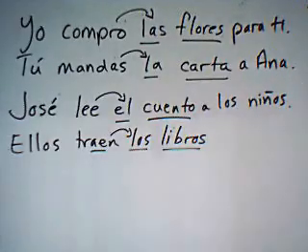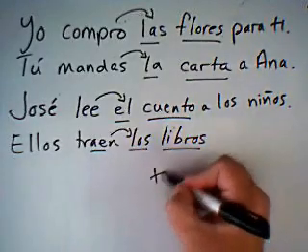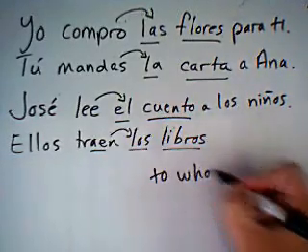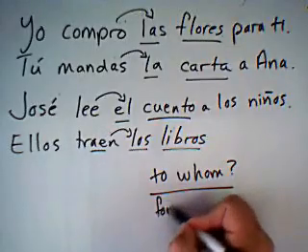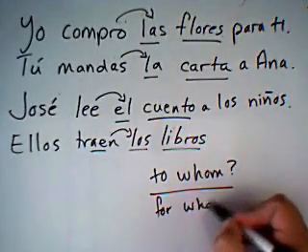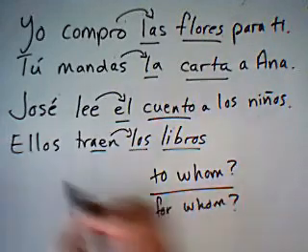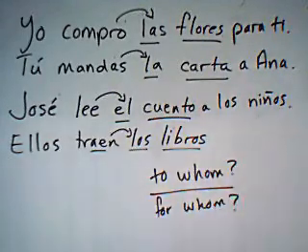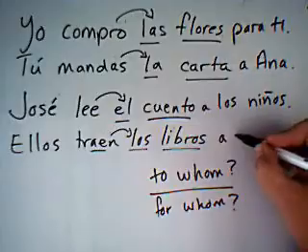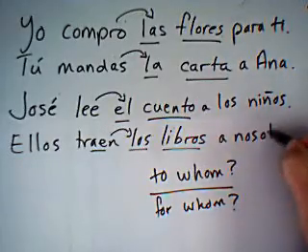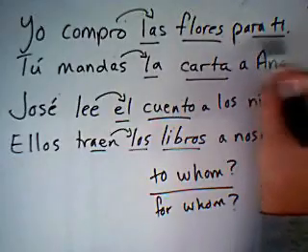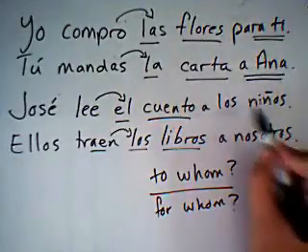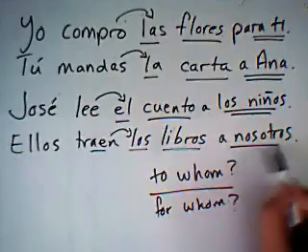And then finally, if I wanted to say, they bring the books to whom? To whom? That's our key question for determining the indirect object, to whom or for whom. If I wanted to say, to whom do they bring the books? To us, I could say, ellos traen los libros a nosotros. So now we have added indirect objects, these are indirect objects, not quite pronouns yet.